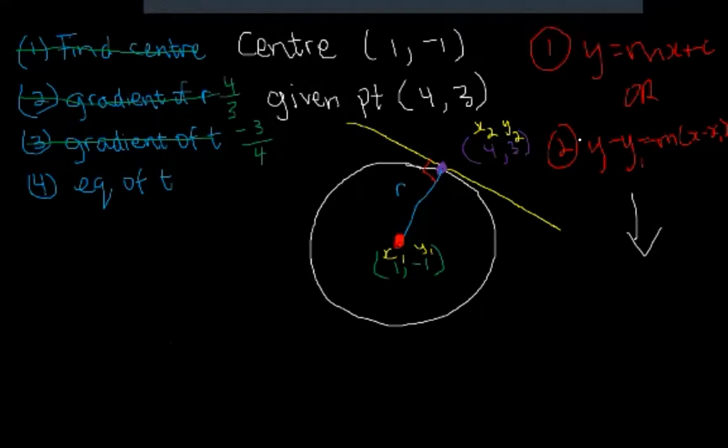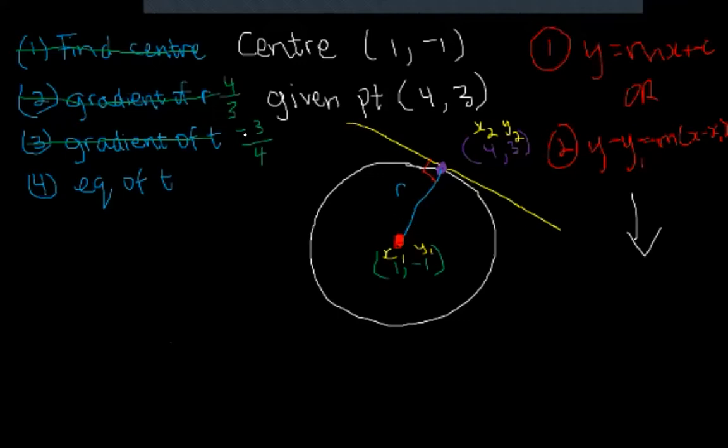Let me use the first method since we used the second method last time. When trying to find the equation, we need to know the gradient of the line, and we also need a given point.